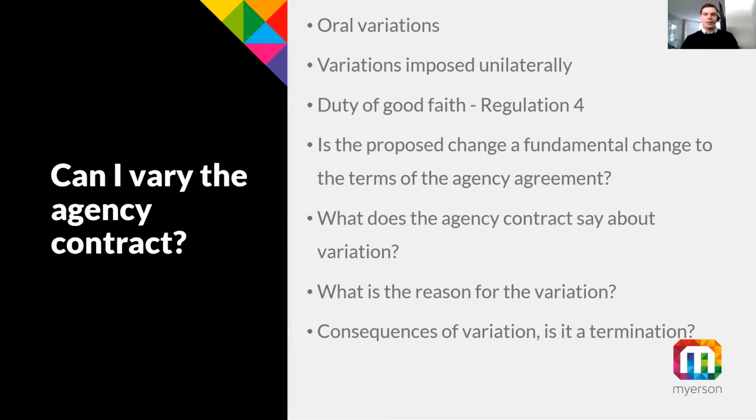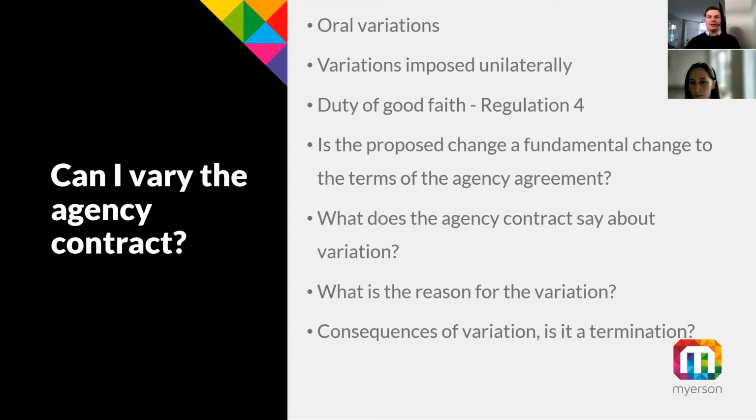The answer here depends upon the agent's conduct after the agent receives notice of the variation from its principal. So if the principal tells an agent that things will be a certain way from now on, so for example, commission rates will be 5% instead of 10% on sales, and the agent objects or demonstrates that they're not accepting this change, then that change is unlikely to be legally binding on the agent.